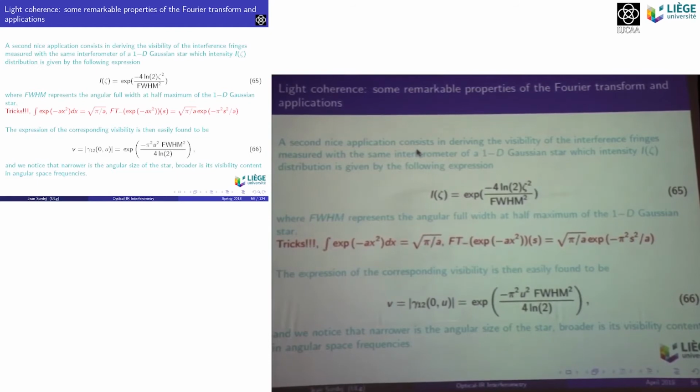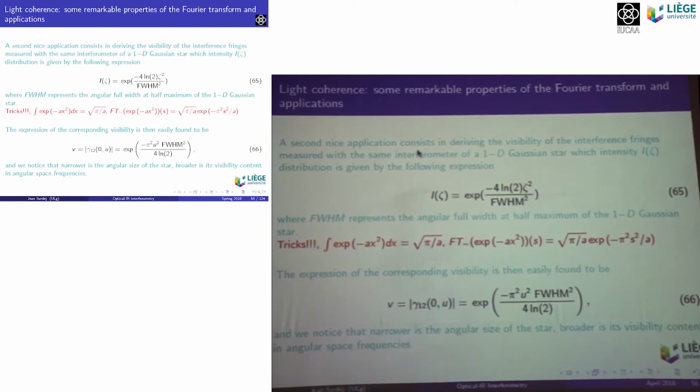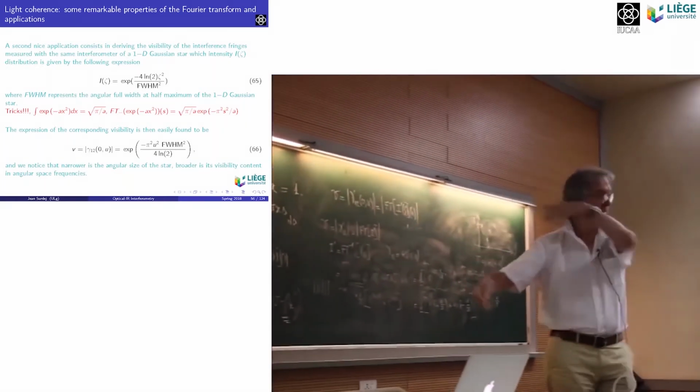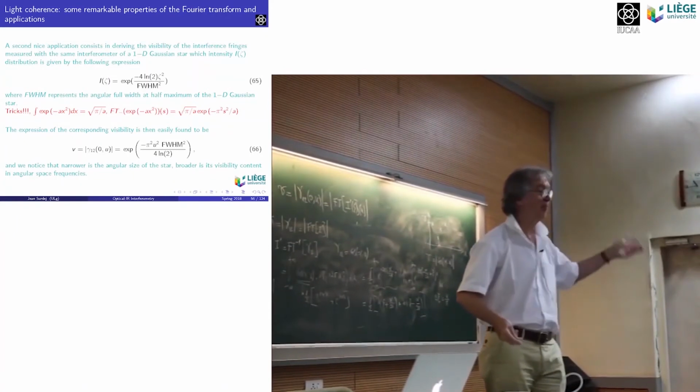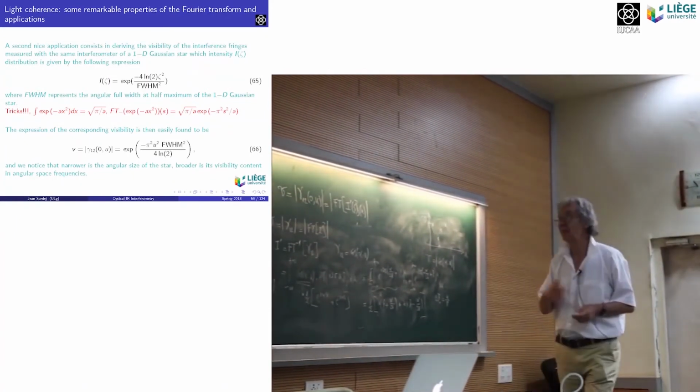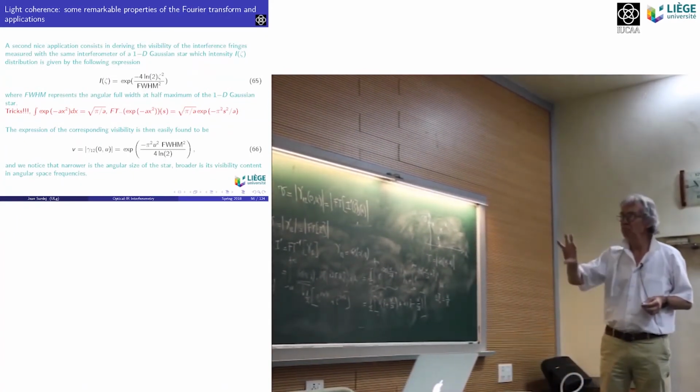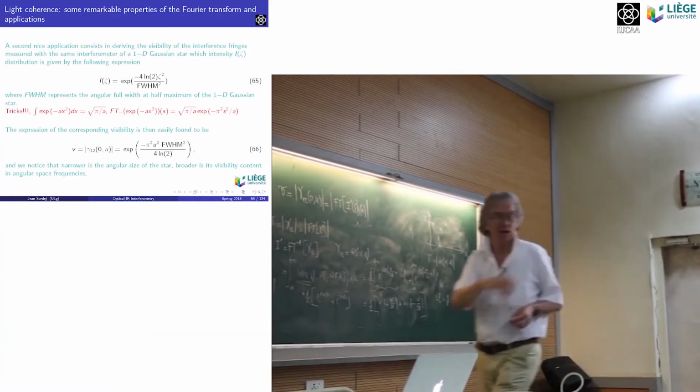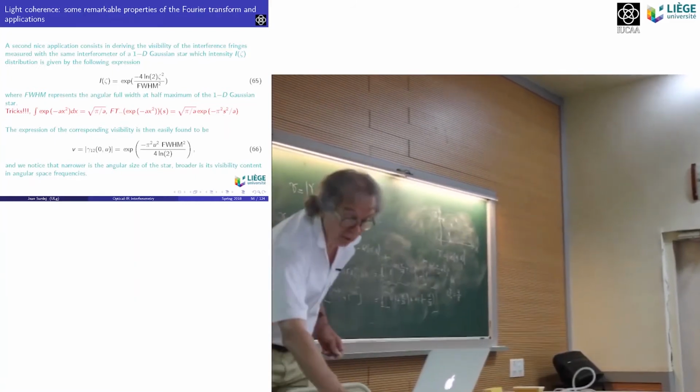Which means the following: the narrower the angular size of the star, the broader its visibility content in angular space frequencies. And indeed, we know that if it is a Dirac function, extremely narrow, the Fourier transform is equal to 1. So you have frequencies going from minus infinity to plus infinity. So interesting. This is just an exercise that I suggest you do at home.